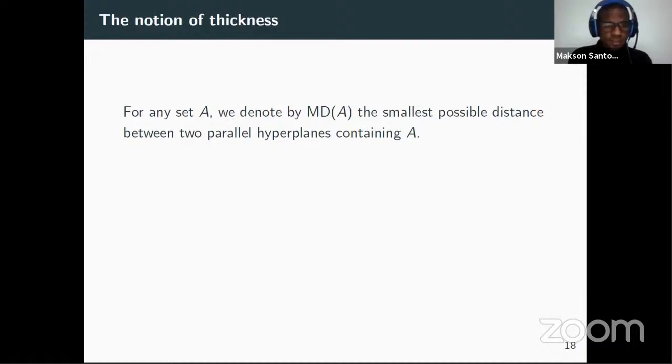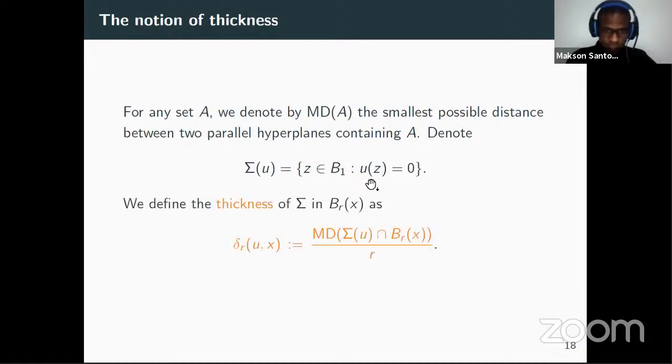Now, for any set A, we denote by MD(A) the smallest possible distance between two parallel hyperplanes containing A. We denote by sigma(U) the set where U is 0 in B1, and we define the notion of thickness of sigma in r as this quantity, MD of sigma over r.